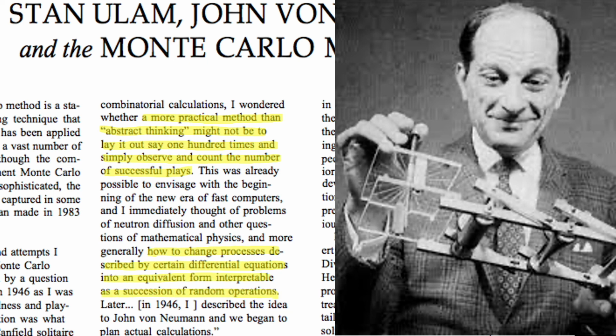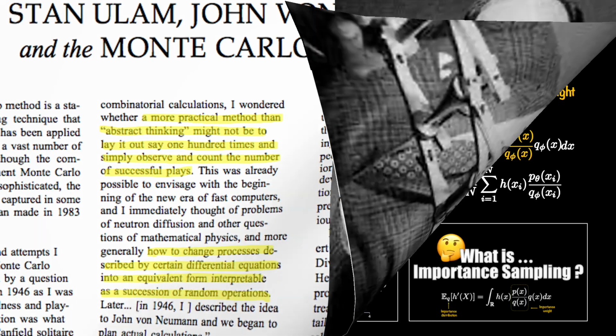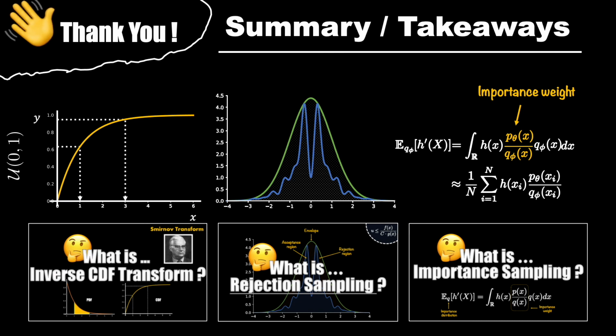But interestingly, their colleagues also took this idea further and solved things from differential equations to many problems in physics and ended up inventing one of the most important algorithms called Markov chain Monte Carlo. And this brings us to the end of our tutorial today.